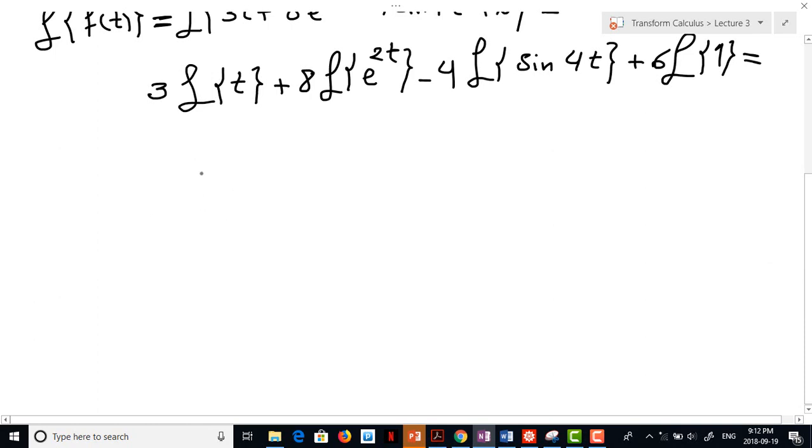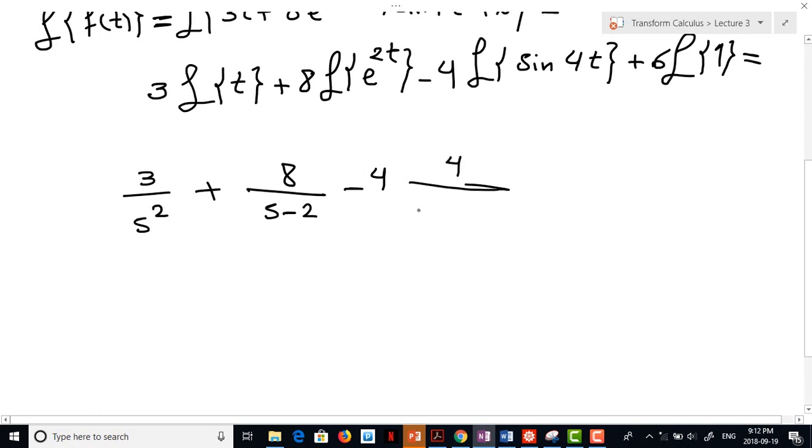As a result, 3 times Laplace transform of t is equal to 3 over s squared, plus Laplace transform of e to the power of 2t, which we already had, is 1 over s minus 2, and we have 8 here, so it's 8 times 1 over s minus 2, minus 4 times Laplace transform of sine 4t, which is based on the formula that we found before, equal to 4 divided by s squared plus 16, plus Laplace transform of 1, which is 1 over s, so we have 6 over s.